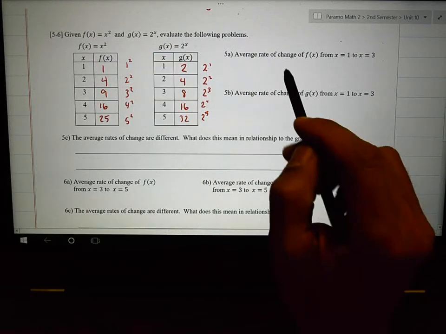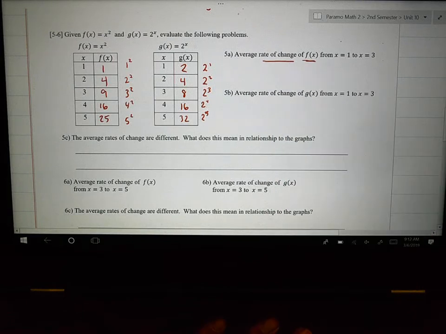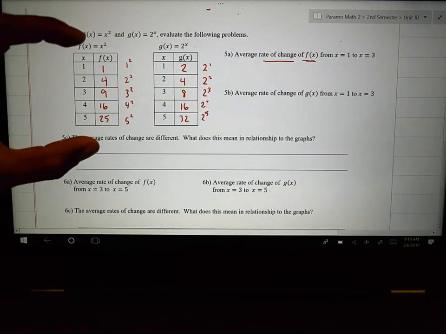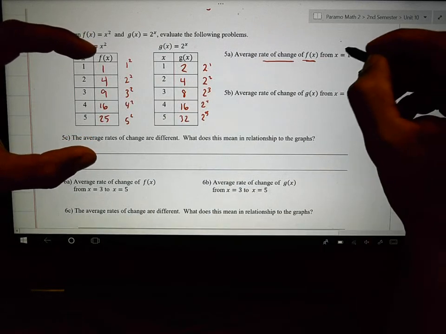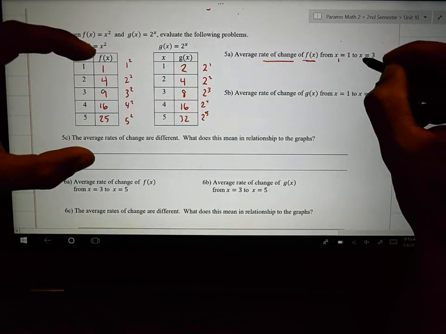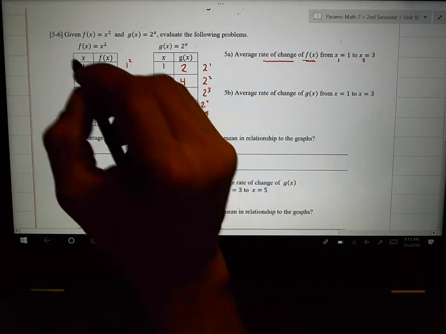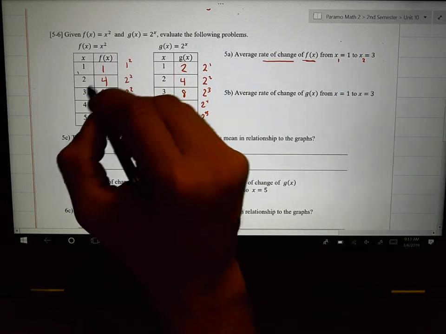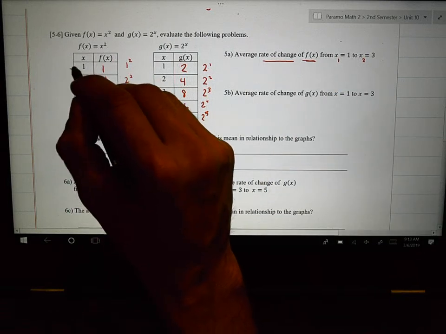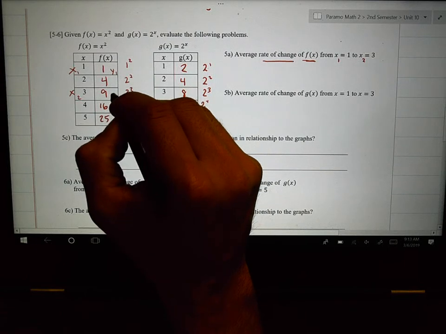Then they ask me for the rate of change only of f of x. I go to f of x. They tell you, here's your first x, here's your second x. If you're going over to your chart, this is your first x, this is your second x. This must mean that this is your first y, this is your second y.